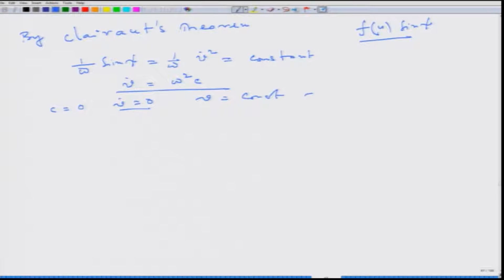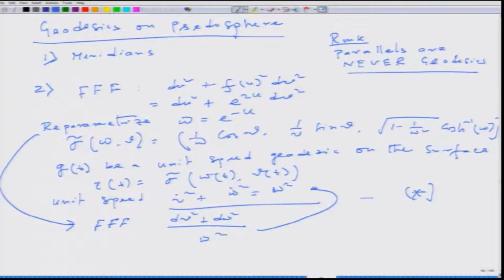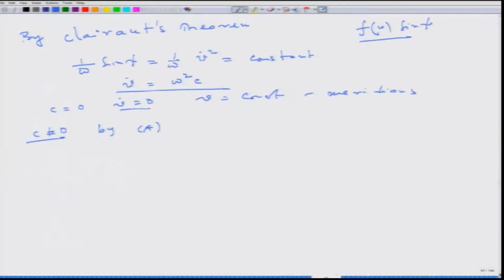That is the meridians, we get back the meridians. Now, c not equal to 0, then by star, I get w dot equal to plus minus w times square root of 1 minus c square w square.